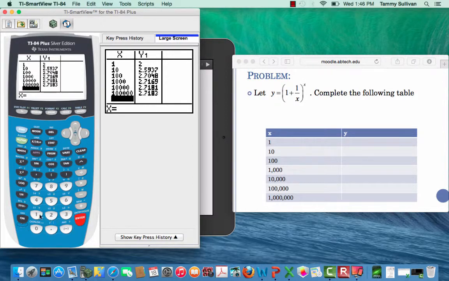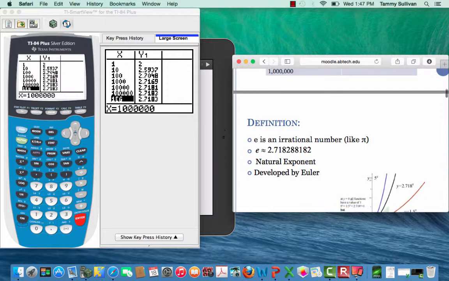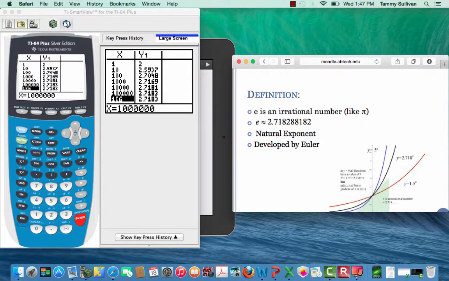And then finally 1,000,000. And it looks like the bigger x gets, the y output values are going to like 2.7183. And that's actually e. E is an irrational number just like pi.